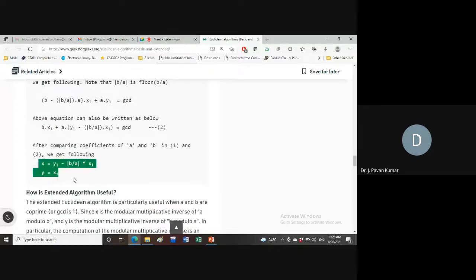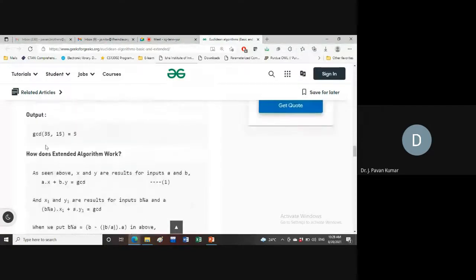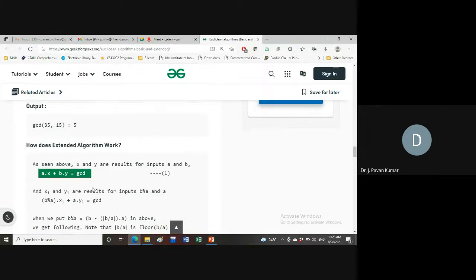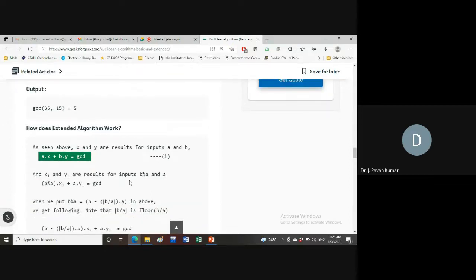What is the value of x? What's the value of y? How have we obtained these two? I think now you are clear. This is the observation: ax plus by is equal to GCD, and from the basic Euclid algorithm, GCD of a comma b is equivalent to GCD of b mod a comma a. Using that fact, we substitute b mod a in place of b.